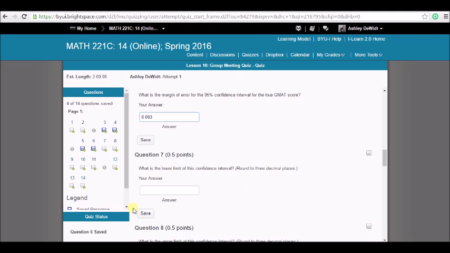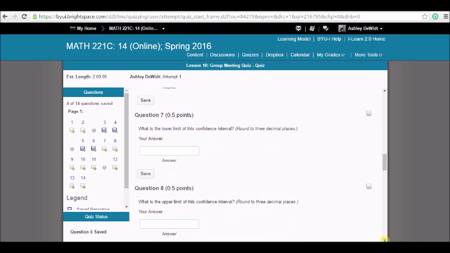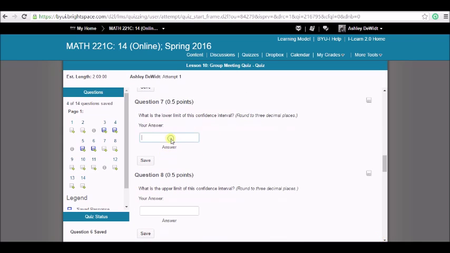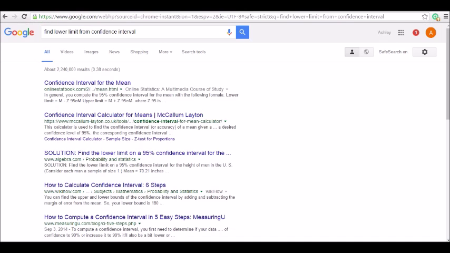Did you have an equation that finds the confidence interval? I don't. What is the lower limit of this confidence interval?